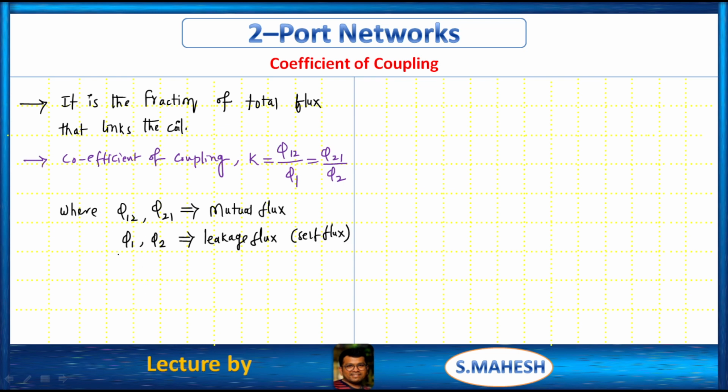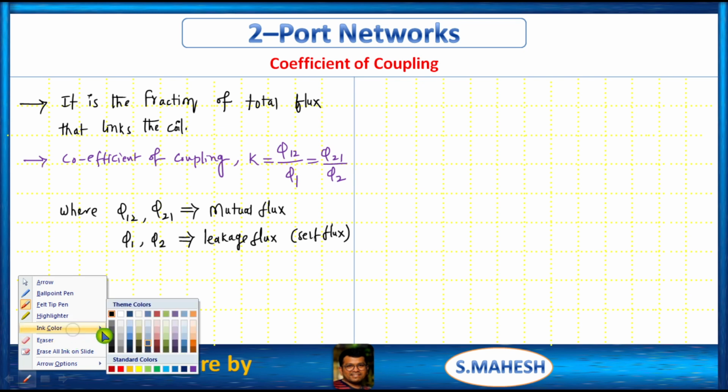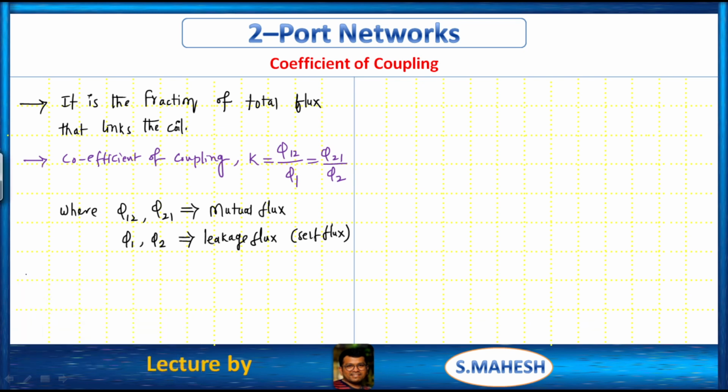Next, obviously phi 1 2 is less than phi 1 and phi 2 1 is less than phi 2.